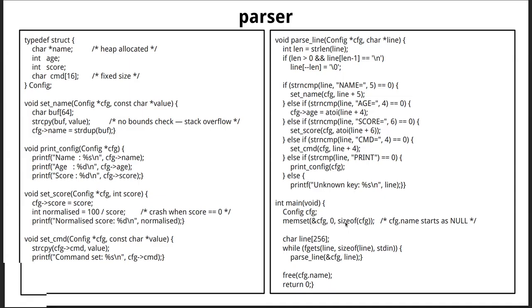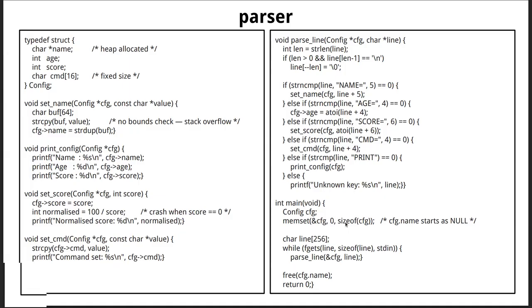And then there's the memset. This memset will initialize the name pointer to 0, to null. That's how you could get a null pointer dereference there. You will just get the input from stdin, then you create that.